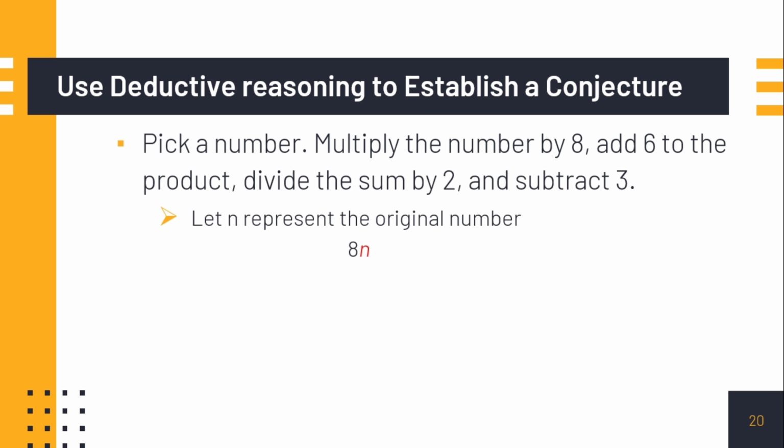So, pick a number, multiply the number by 8. So, that is 8n. And then add 6 to the product. So, 8n plus 6. Divide the sum by 2. So, 8n plus 6, that is equal to 4n plus 3. How? So, 8 divided by 2, that is 4.